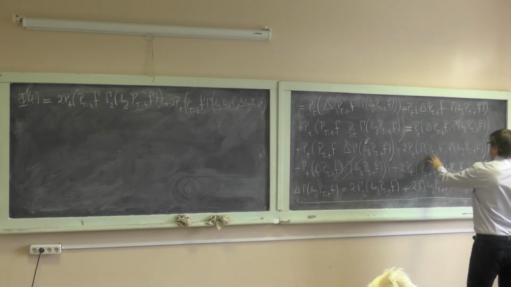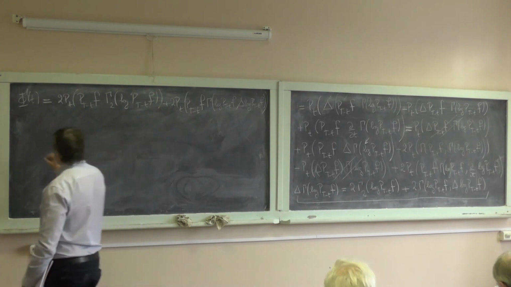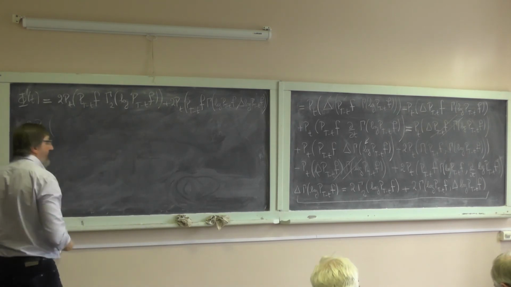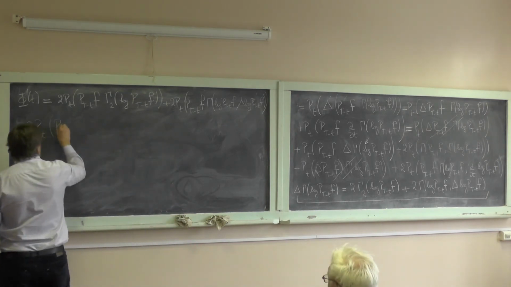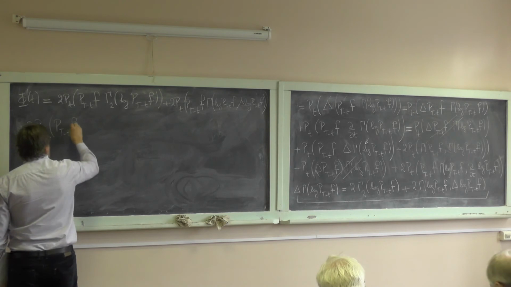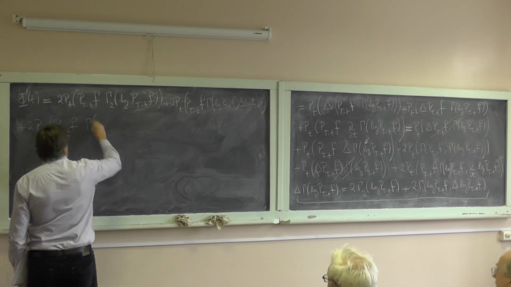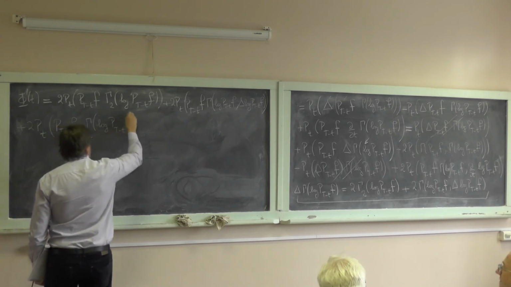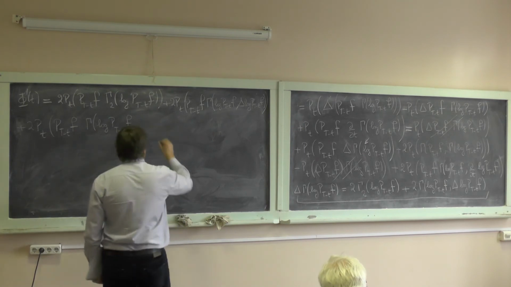Now we have this, so we have plus 2pt of P minus P F, and then we have gamma of log of P minus P F, comma, ddt.